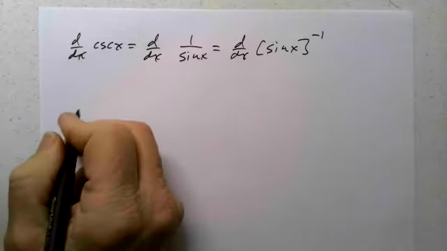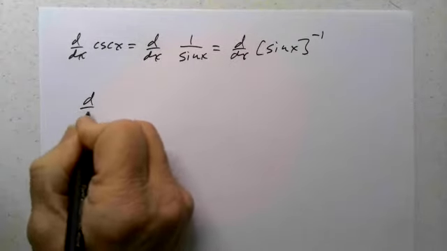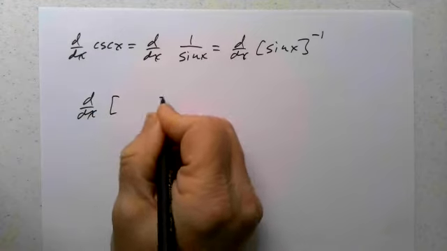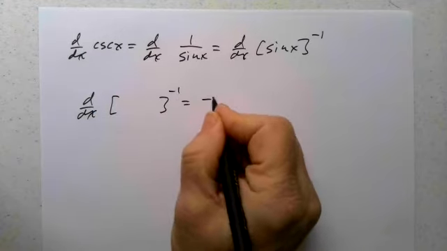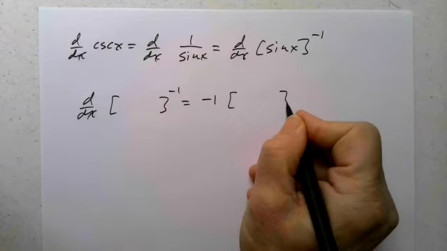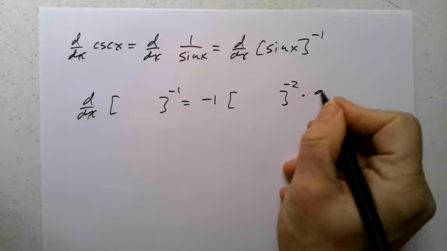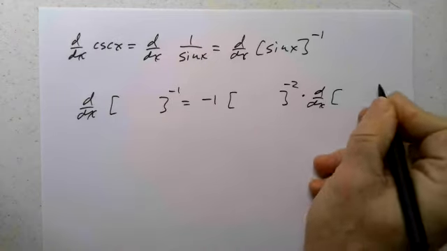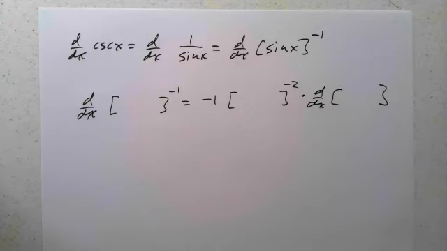So what's the derivative of something to the negative 1 power? It's negative 1 something to the negative 2 times the derivative of the something, this time being sine x.